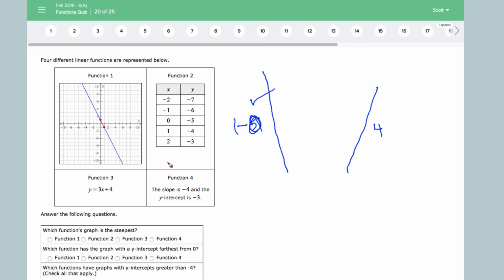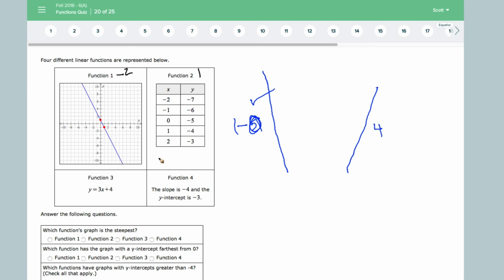Same thing here. Let's look at the different numbers. We go down 2/1, so this function is -2/1, which is the same thing as -2. This one's going up 1 for every 1, so that one is 1.